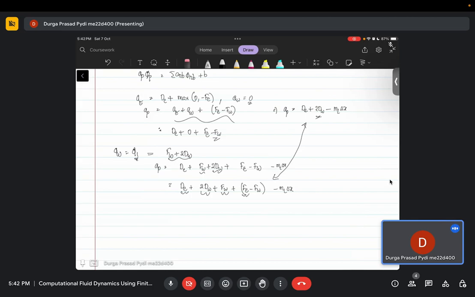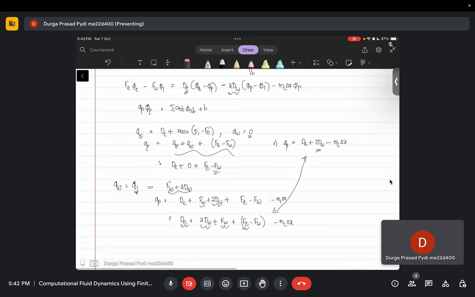So FW gets cancelled. There should be a phi east term as well, right? Yes. This phi east will be essentially phi p. So you have a phi east term coming up here. So both these equations will match.